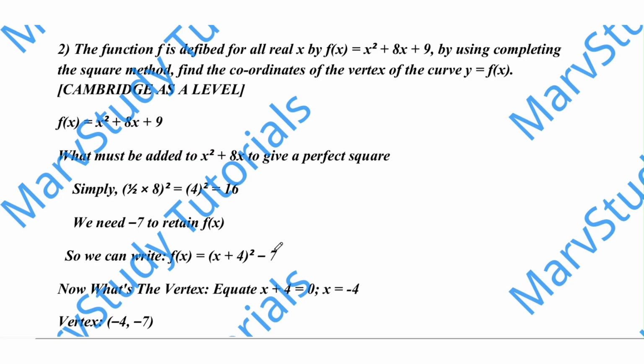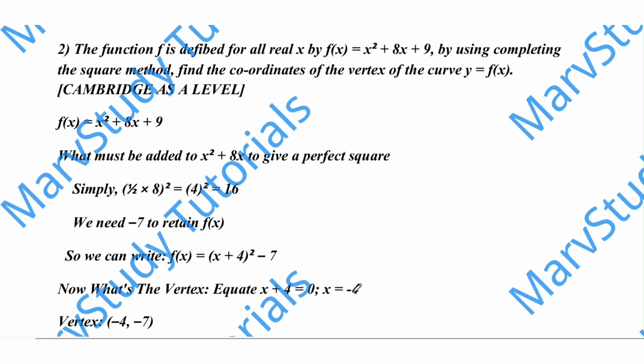Now what is the vertex? Remember I said once you get it in the completed square form, the vertex is easy to get. All we need to do is to compute this part and equate it to 0, right? So (x plus 4) all squared equals 0 implies that x plus 4 is equal to 0, and if we transfer the plus 4 to the right hand side, it becomes a negative 4, right?